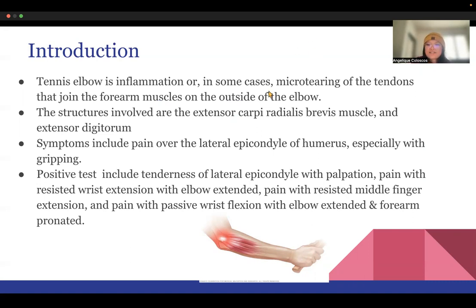And the positive tests include tenderness of the lateral epicondyle with palpation, pain with resisted wrist extension with elbow extended, pain with resisted middle finger extension, and pain with passive wrist flexion with elbow extended and forearm pronated.